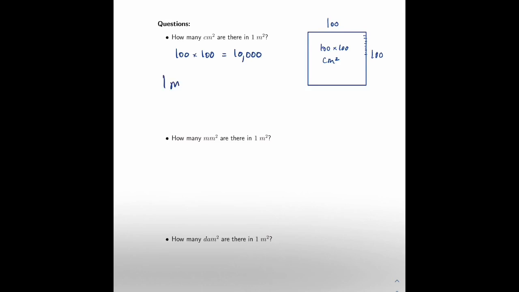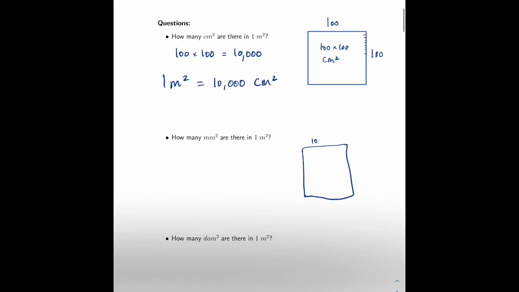So 1 square meter is 10,000 square centimeters. What about millimeters? I don't know if we still need the drawing at this point, but there are 1,000 millimeters in a meter.